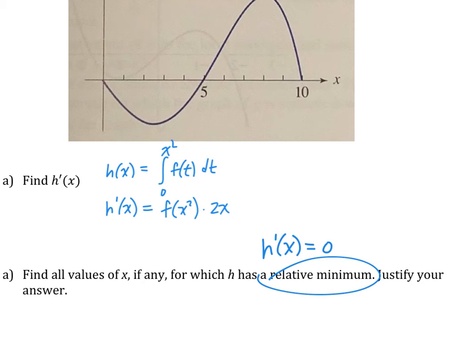Yes. And then what? Yes, you have to use a sign chart to check. Is it really a minimum or is it actually a maximum? Okay, now remember your derivative is this one. Think about how that combined with that graph is going to help you figure out where the minimum is.